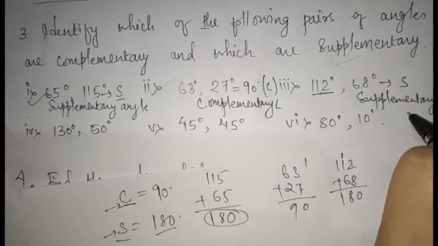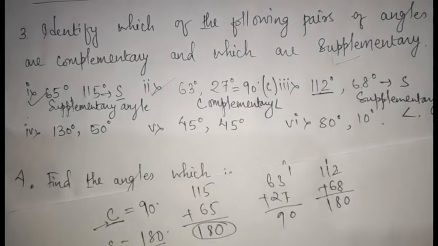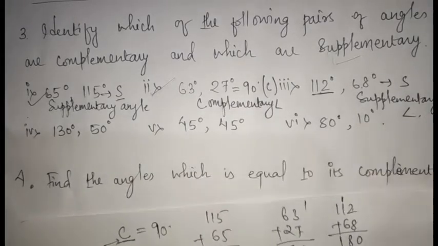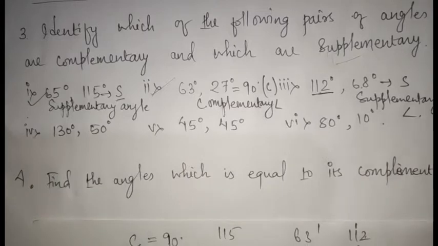Alright, I hope you are not having any problem in any of the conditions, because things are very clear. The only thing you have to remember is the definition as well as the concept.